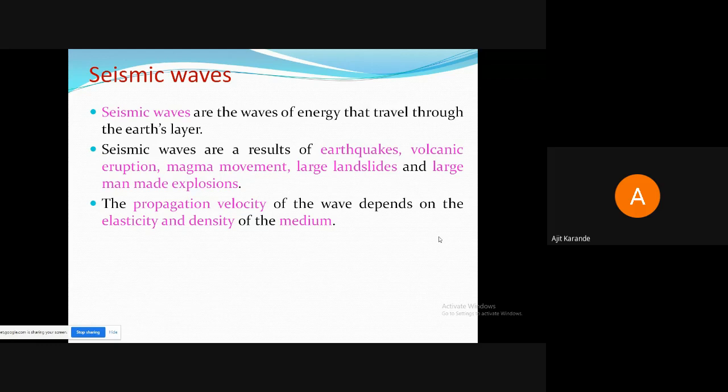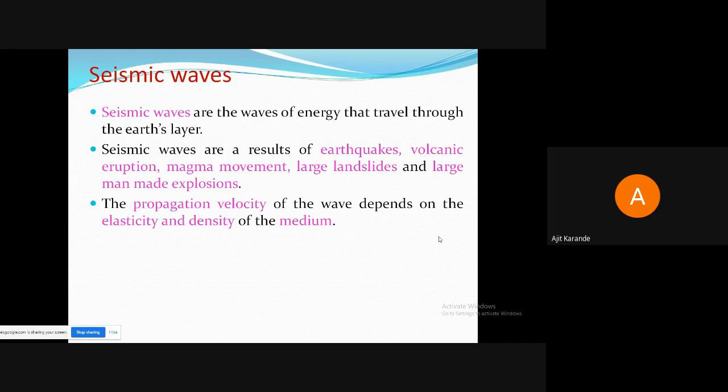Those are observed at different speeds in the lithosphere, and those travel through the asthenosphere with a different speed, because both of the mediums possess different elastic properties and chemical properties as well.